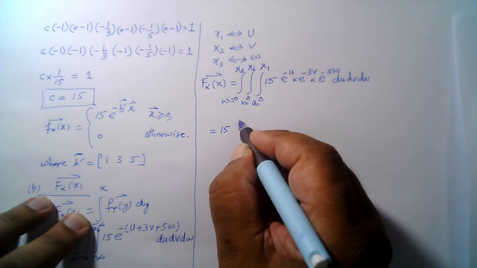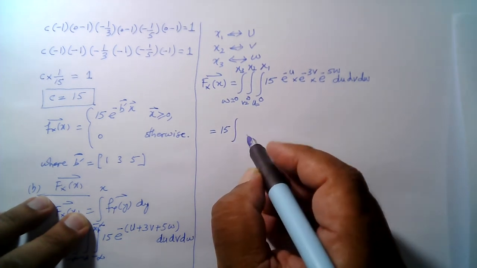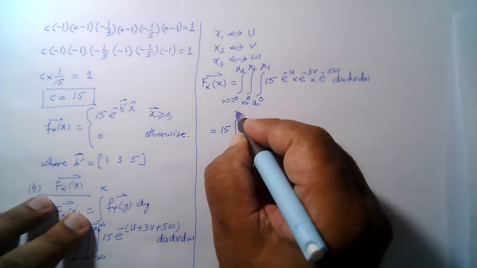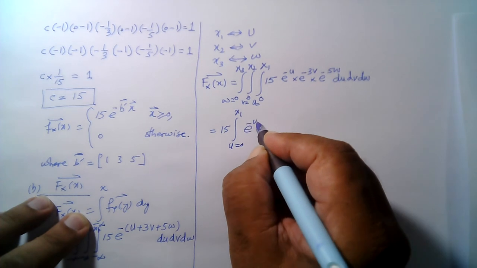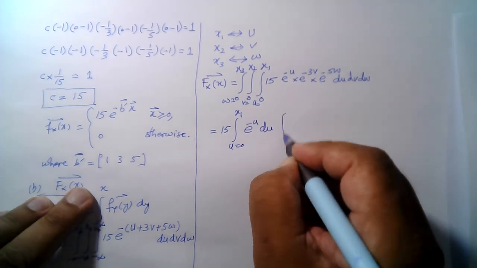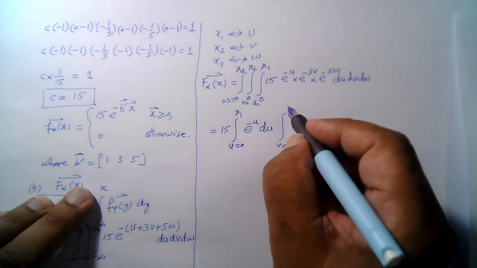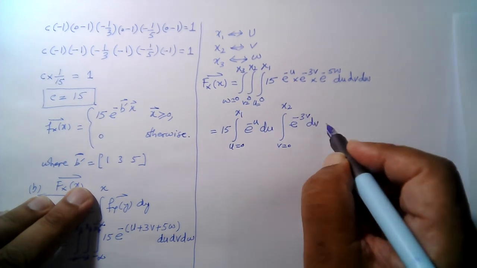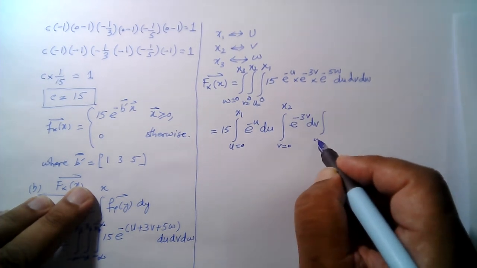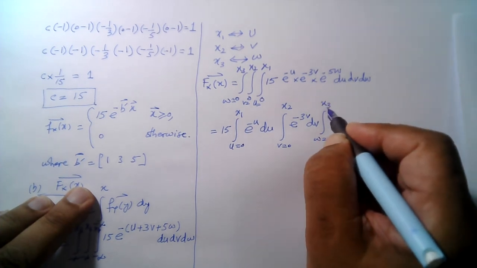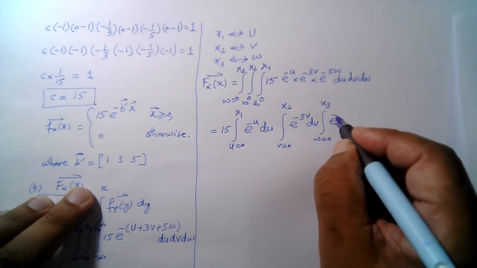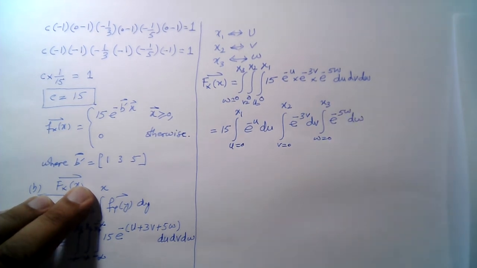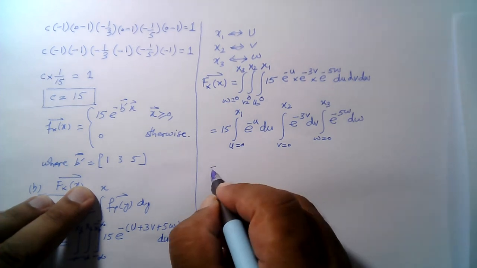So we can, for example, write here the integral for u from 0 to x1 of e raised to power minus u du, multiplied by the integral for v from 0 to x2 of e raised to power minus 3v dv, multiplied by the integral for w from 0 to x3 of e raised to power minus 5w dw here, right? So let's evaluate the integrals.